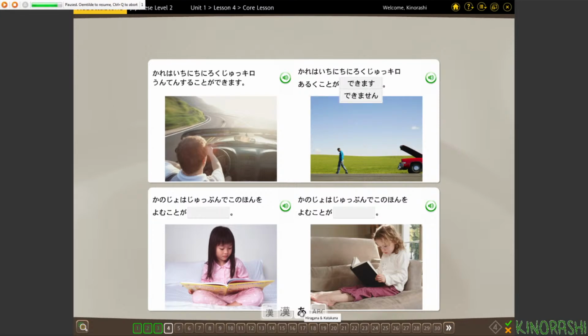彼は1日に60キロ歩くことができます。Actually, no, it would not be dekimasu, it would be dekimasen. Unless this person really hikes a lot. Now, even then, I don't think they could pull that off, even if they hike a lot.